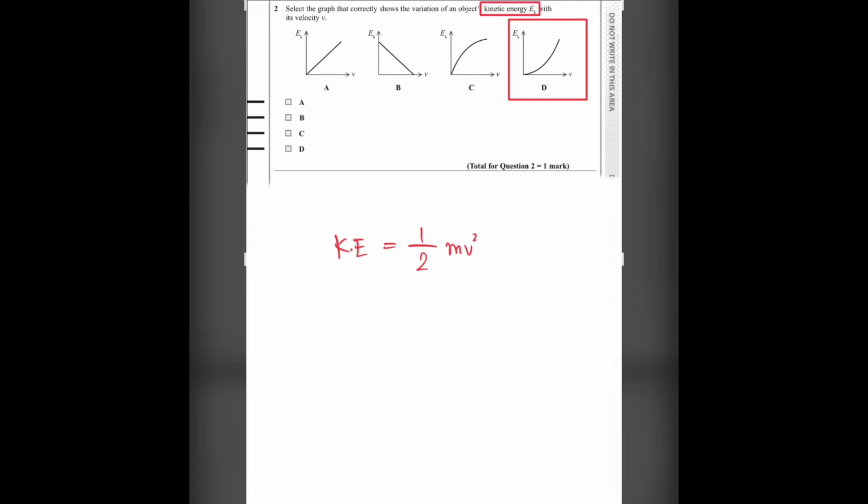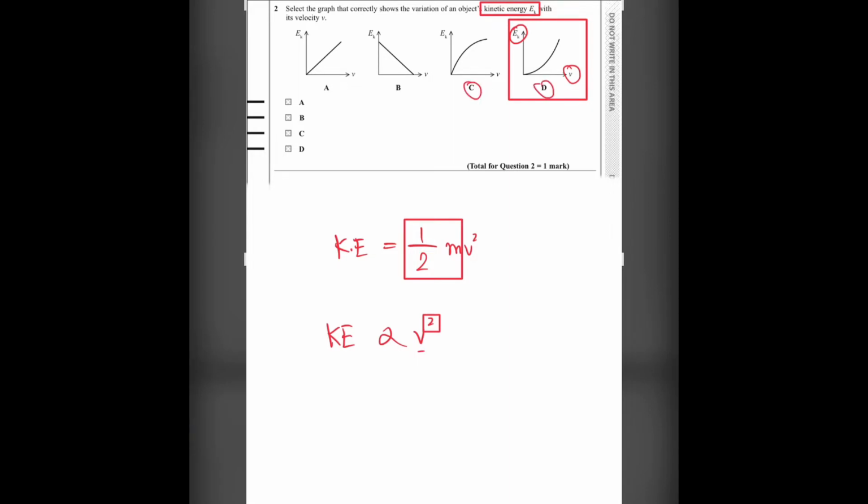In the y-axis we have kinetic energy, and in the x-axis we have velocity. We can ignore half m, so we can write that Ke is proportional to v squared. When there is an exponent like this, the answer should be C or D. So why is it D?